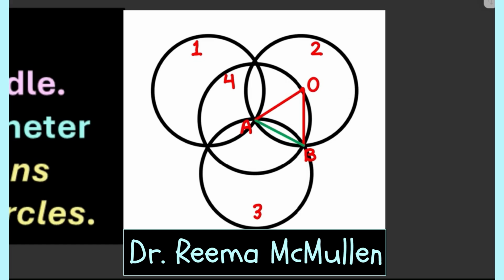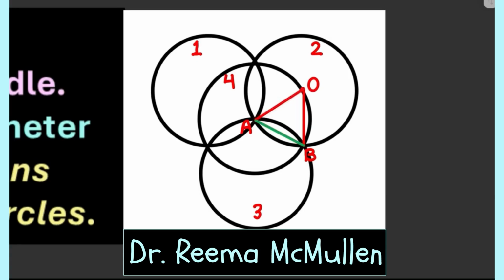What kind of triangle is it? This is actually a special kind of triangle called an equilateral triangle. How do we know that this is an equilateral triangle? Easy. As you can see, OA, which is this over here, and OB are both radii of circle number 2. And AB and AO are also radii of circle number 4.